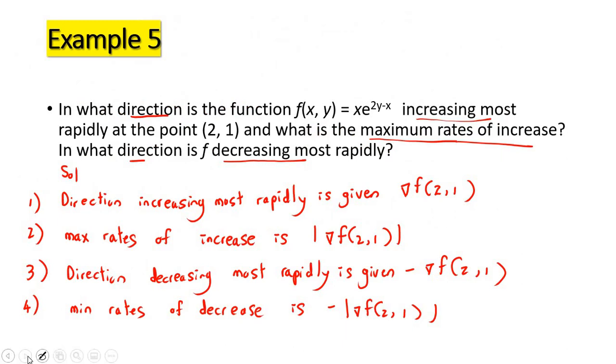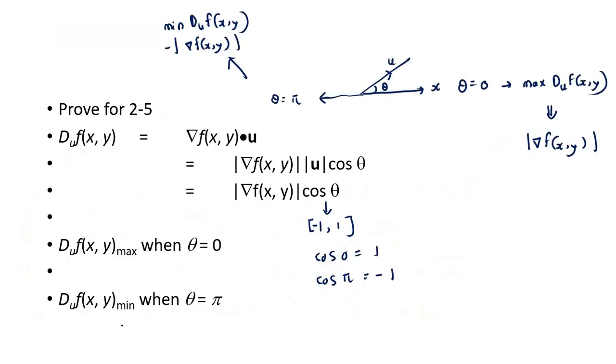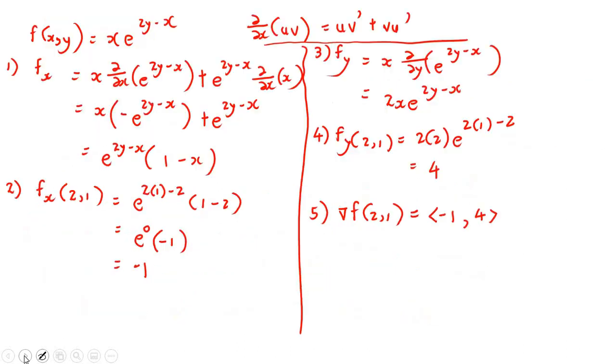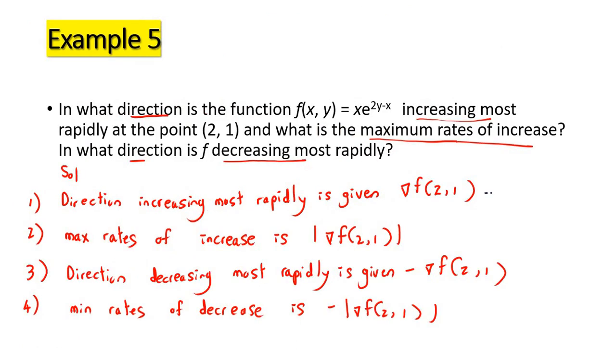So the answer here is negative 1i plus 4j.